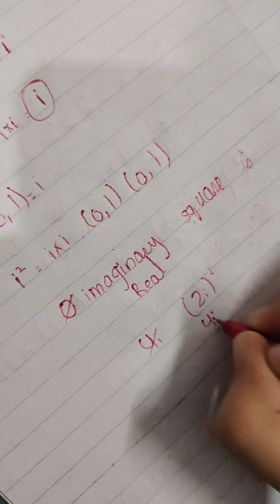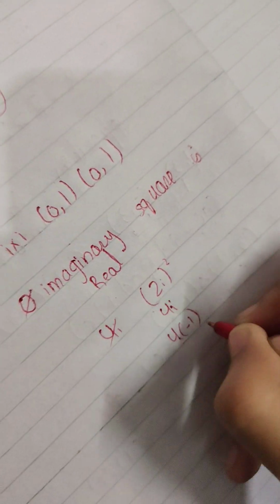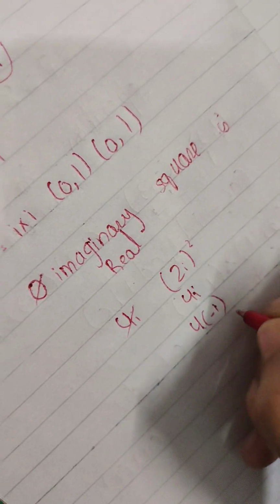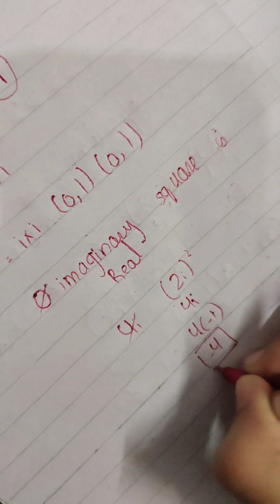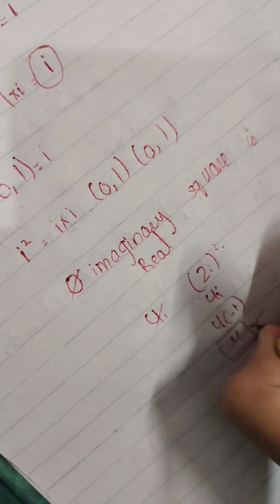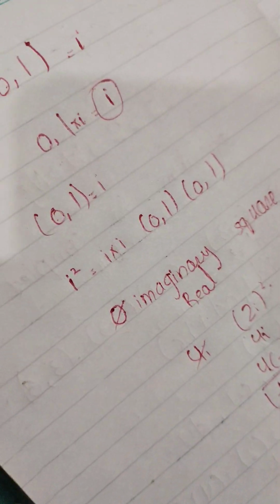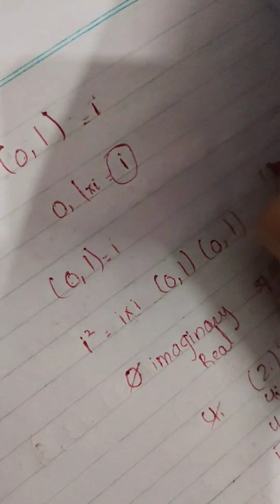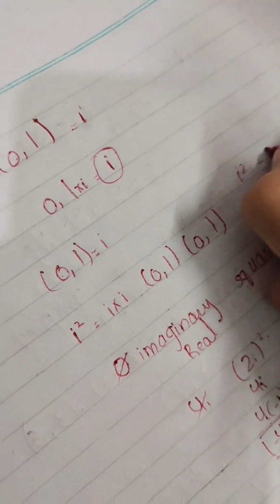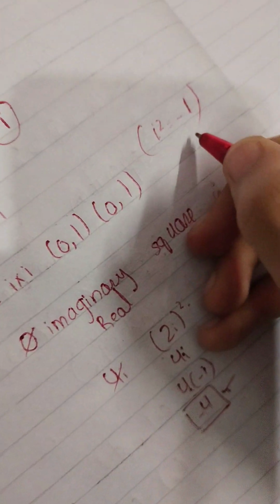So what's the value of iota square? Iota square value is -1. So if we multiply 4 by -1 it is equal to -4. So where is iota? Because the square value is converted into a real value. Yes, and that is true. So the value of iota square is -1. Got it? It's a constant value.